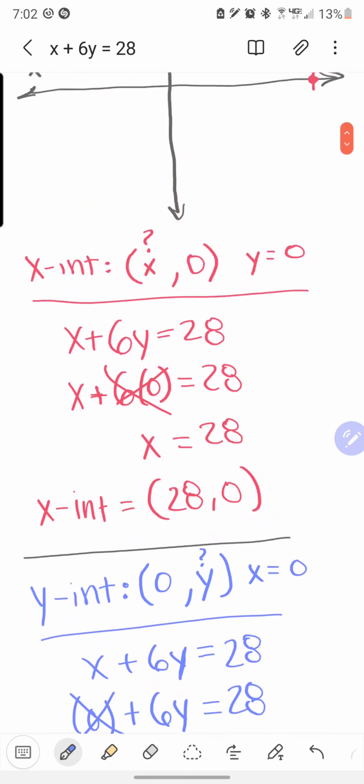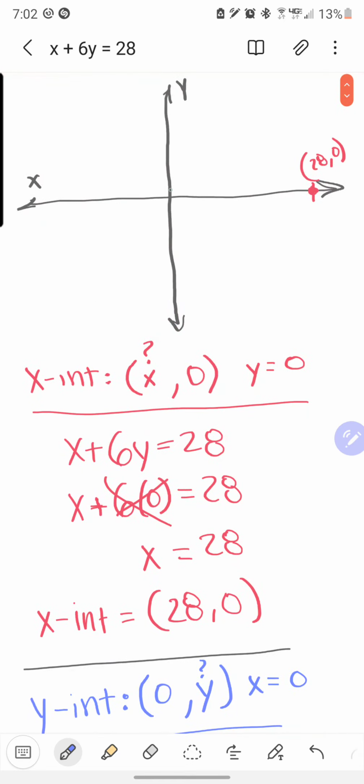So now we have our y-intercept. Let's plot it on the graph. Let's go all the way over here and put it right over here. We can do 0, 4.67. Now we have our x-intercept point right here for 28, 0, and our y-intercept as 0, 4.67.